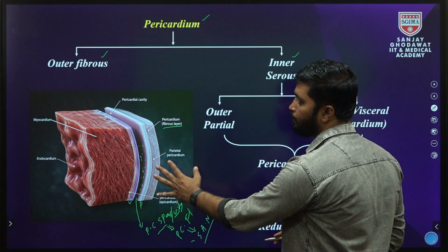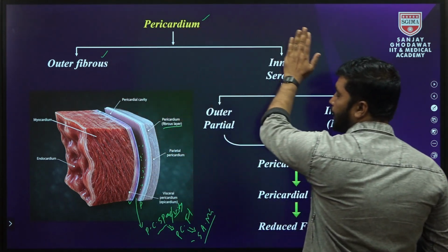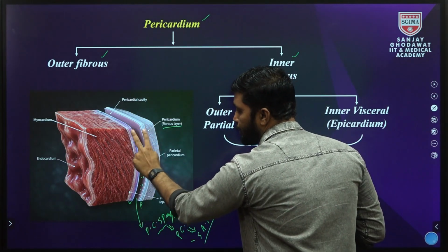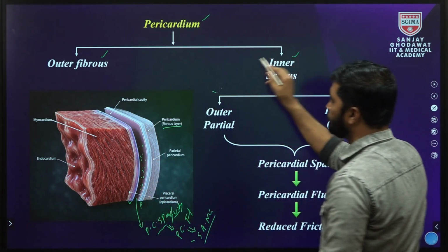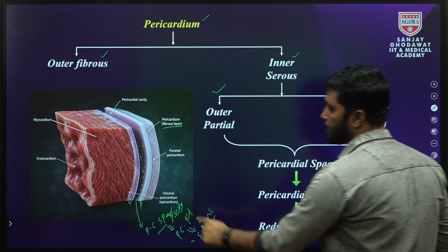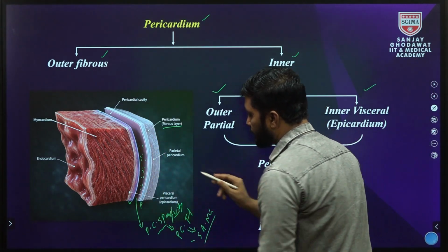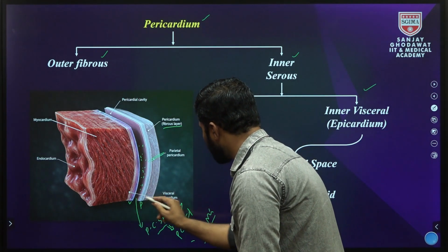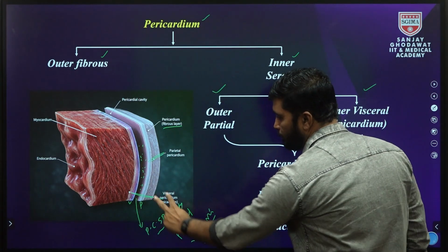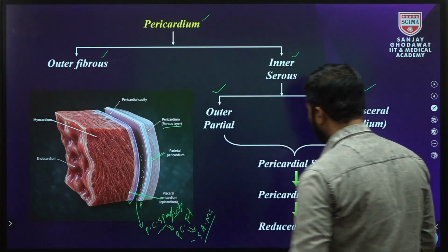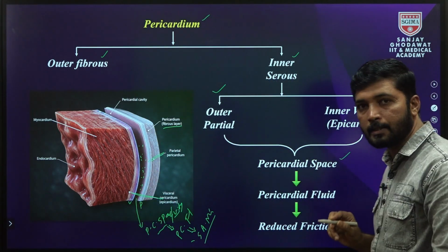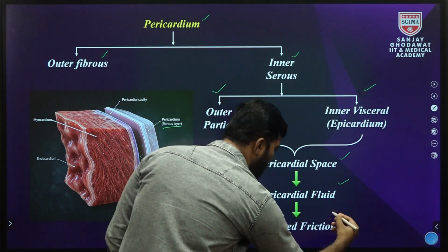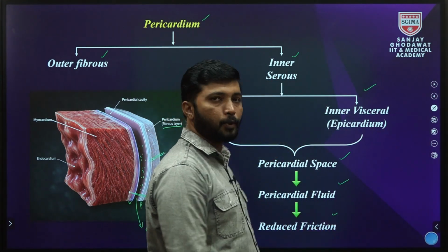It's for protection. Once again, the pericardium has two layers, outer fibrous and inner serous. The inner serous includes two, the outer parietal and the inner visceral. The space between them is the pericardial space, with pericardial fluid acting as shock-absorbing protection.